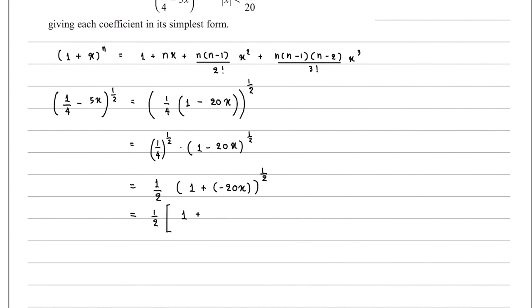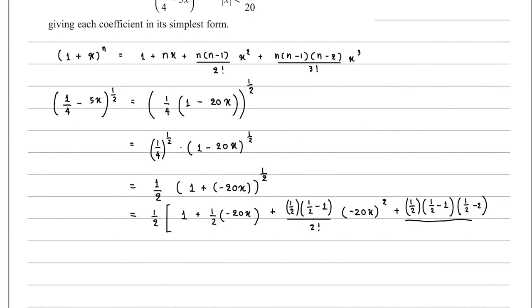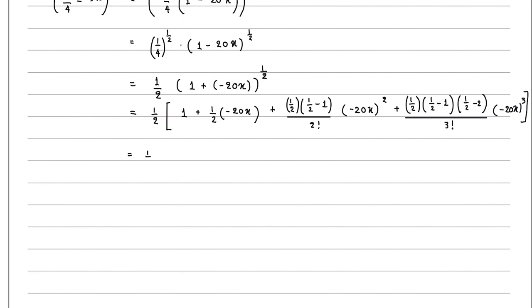And then plus n, which in this case is 1/2, times the second term, minus 20x, plus n times n minus 1, it's going to be 1/2 times 1/2 minus 1 divided by 2 factorial, times minus 20x all squared, plus 1/2 times 1/2 minus 1 times 1/2 minus 2 divided by 3 factorial times minus 20x all cubed. We close the square bracket. We still put 1/2 here.